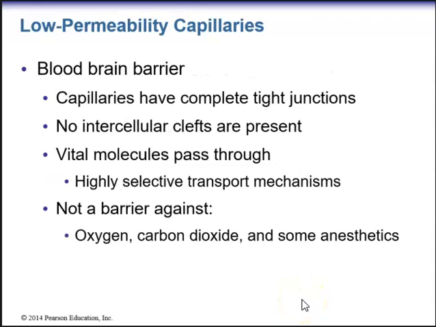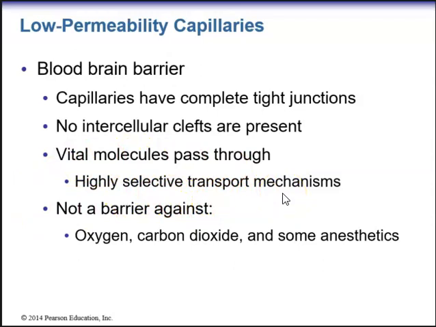Now we have areas that have capillaries of low permeability, specifically the blood-brain barrier. Within the blood-brain barrier, capillaries have complete tight junctions, and there are no intercellular clefts present. Only the vital molecules can pass through, so it's a very highly selective transport mechanism.